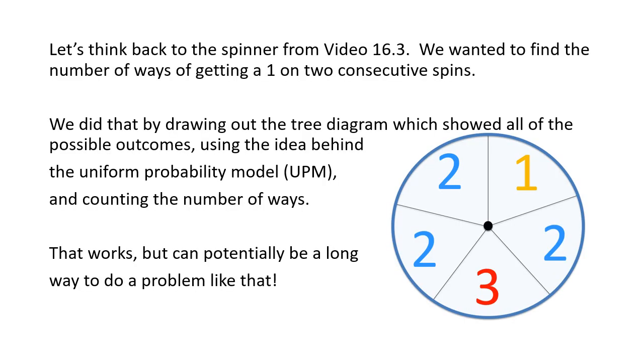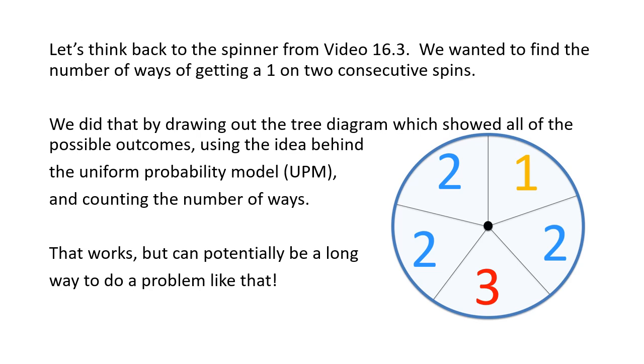So let's go back to the spinner from video 16.3. This is the same spinner that we saw in the previous video. The problem we were looking at was that we wanted to get a 1 on 2 consecutive spins. So we wanted to spin the spinner twice and have it come up 1 and then 1. We solved that problem in 16.3 by drawing the tree model using the uniform probability model.